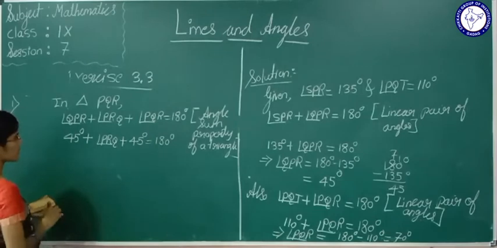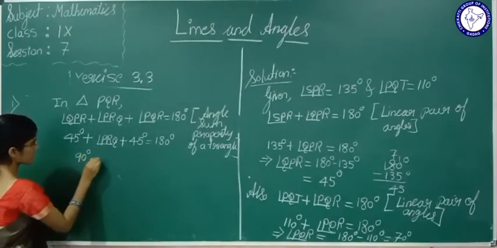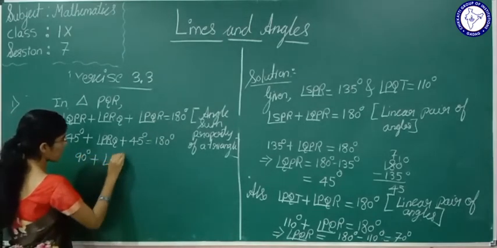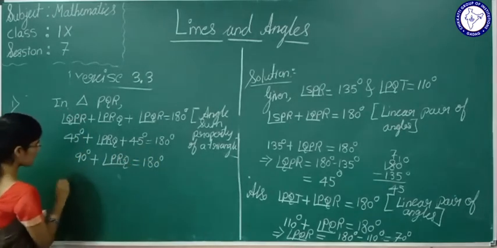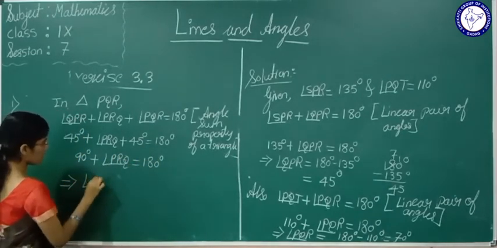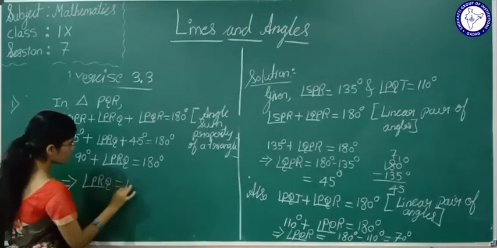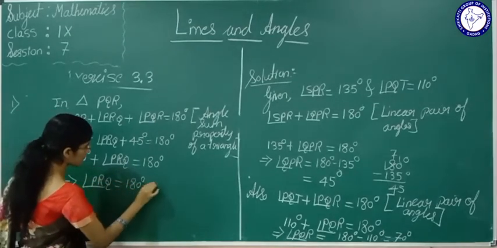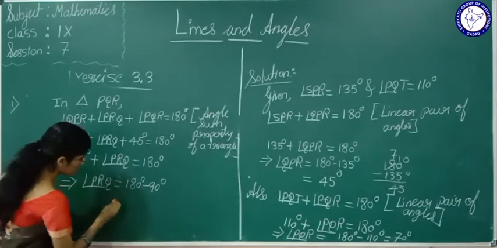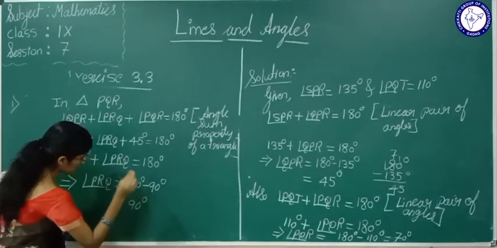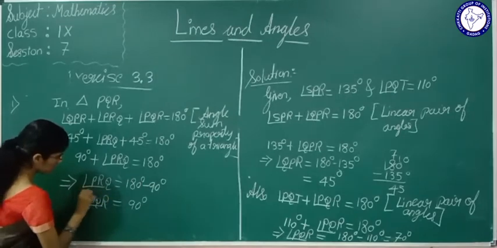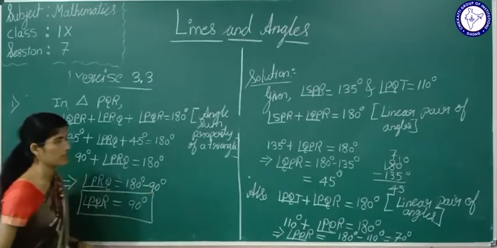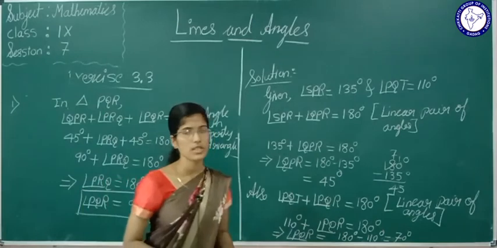Say, 45 degree plus 45 degree is 90 degree plus angle PRQ is equal to 180 degree. So this implies angle PRQ is equal to 180 degree minus 90 degree is 90 degree. Angle PRQ is nothing but 90 degree. Okay. Now we will see the second problem.